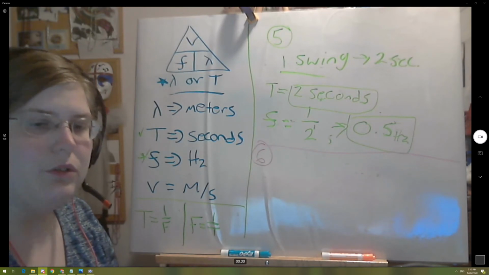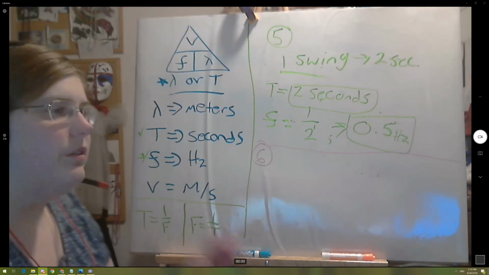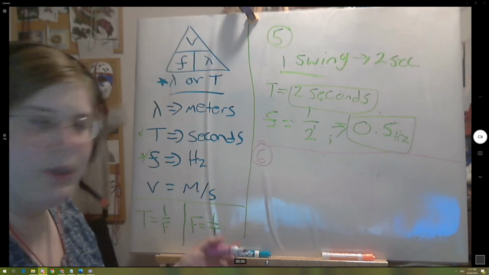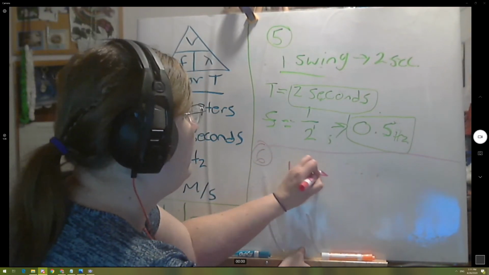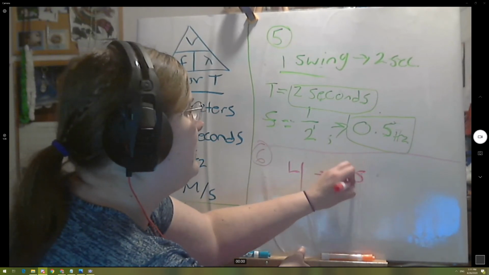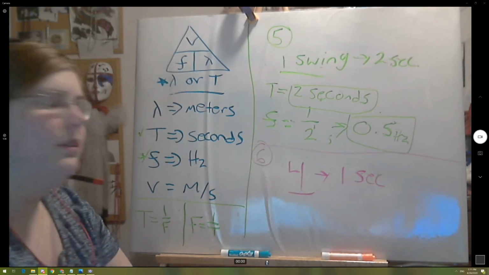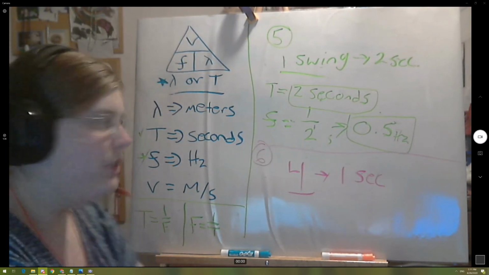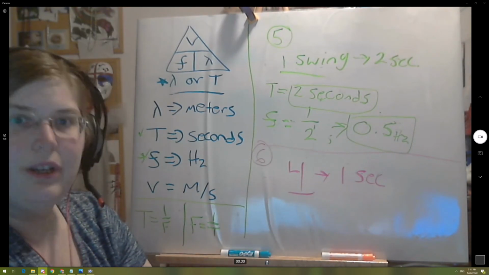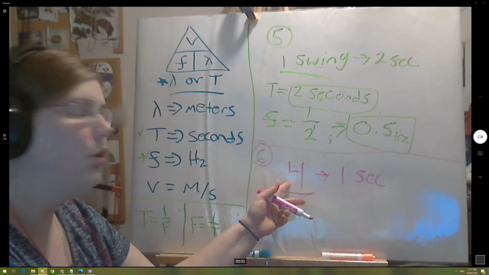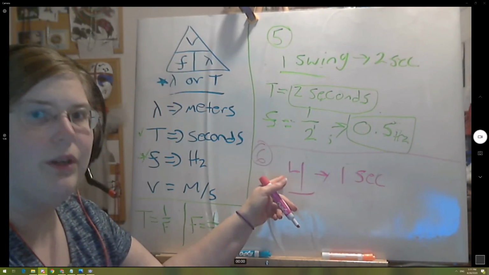So if we look at our whole situation, we have 4 cycles that happen in 1 second. Since 4 cycles have already gone by in 1 second, that's definitely not the period, because we've gone through more than 1 cycle in 1 second. So that's not our period.